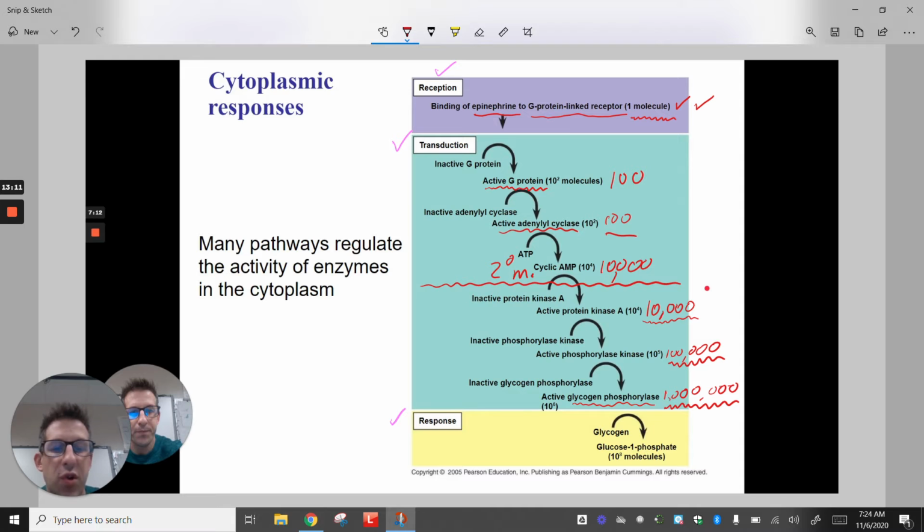So glycogen phosphorylase takes this molecule glycogen and breaks it apart. Glycogen is made up of thousands of monomers, and those monomers oftentimes are glucose molecules or other sugar monomers, monosaccharides. So it's thousands of those things put together.